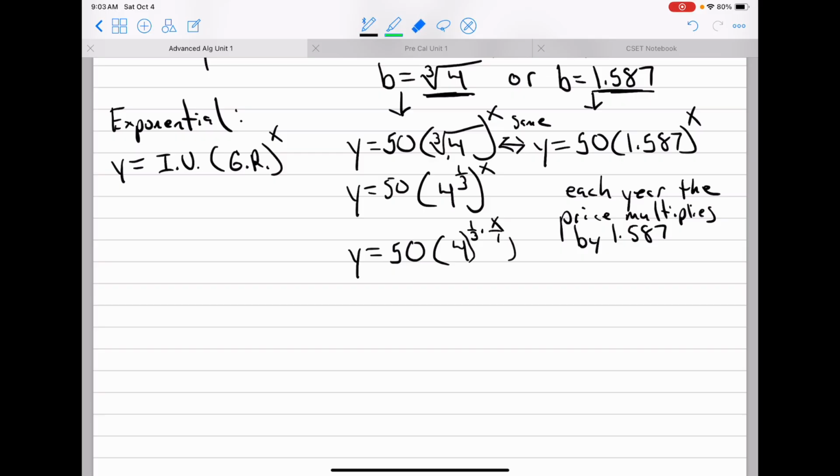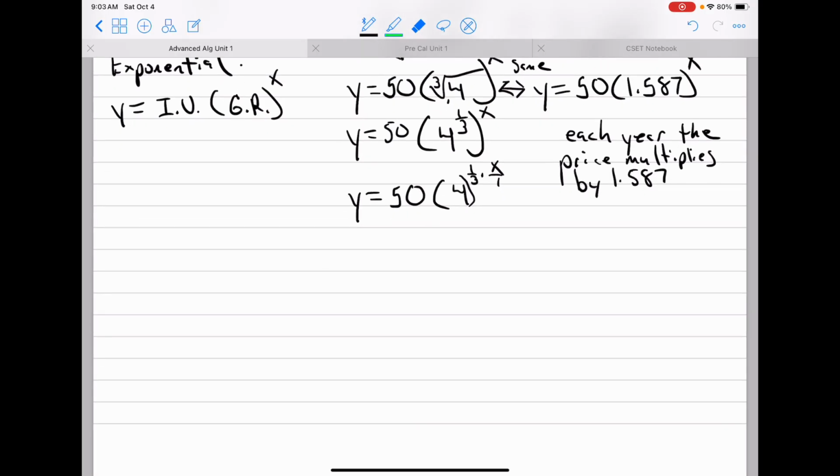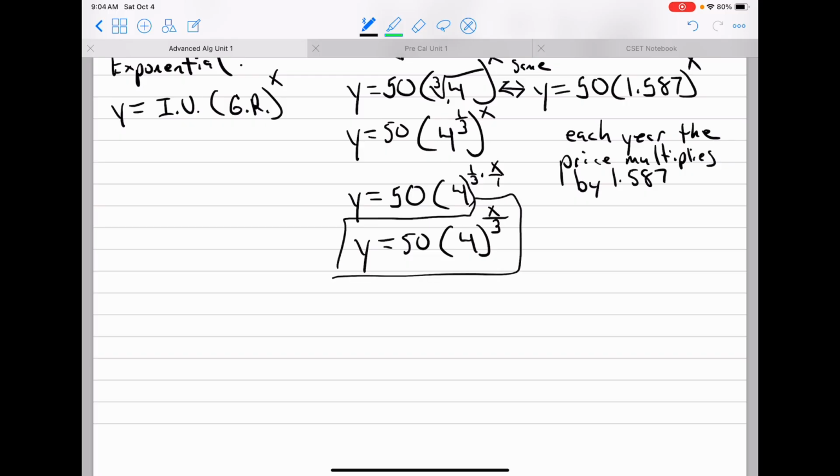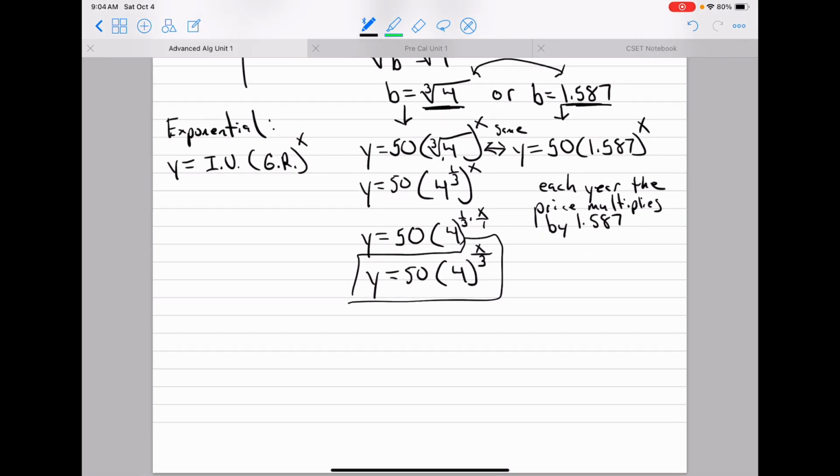I did that a little wrong. There we go. All right. And so if I keep moving this on down, y equals 50 times 4 to the 1 times x is x, and 1 times 3 is 3. I end up with this, right?